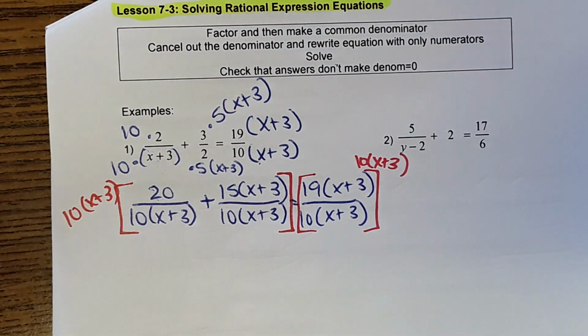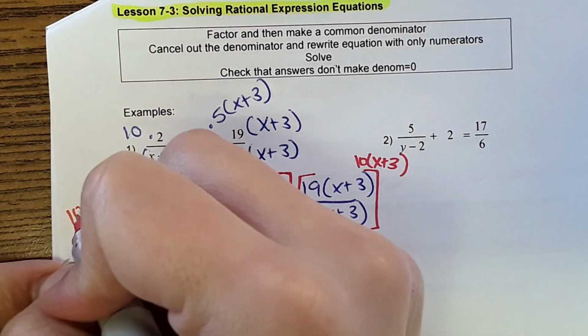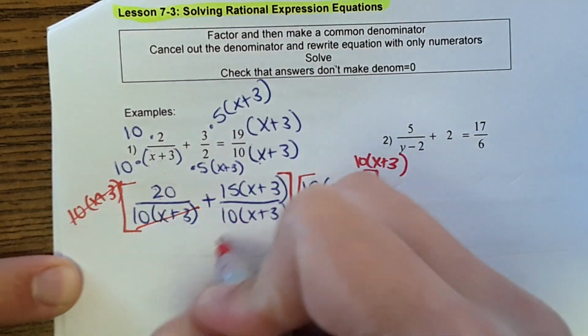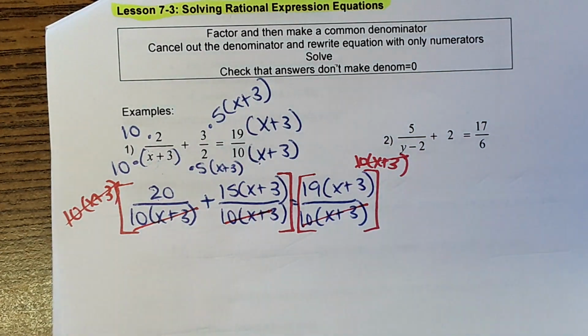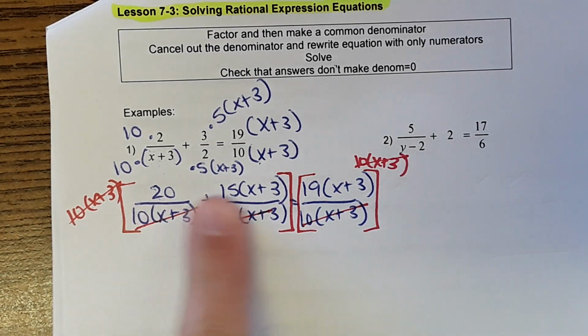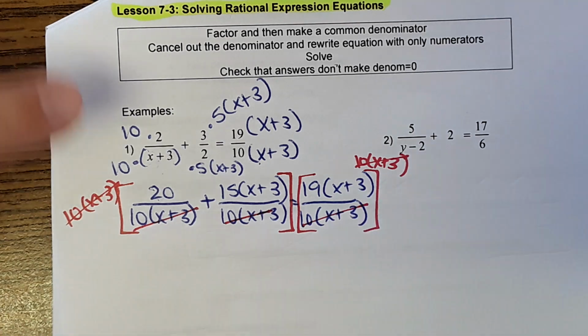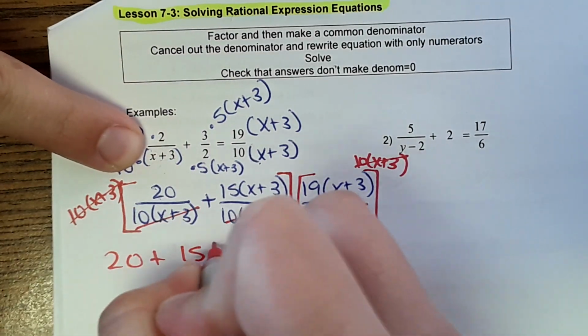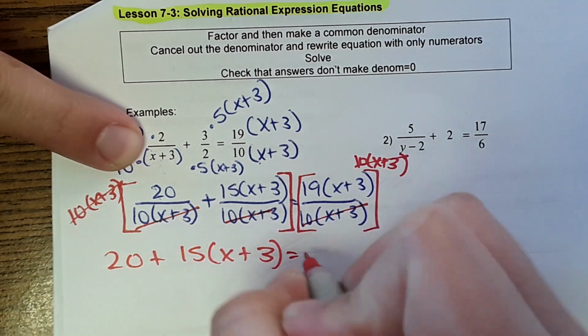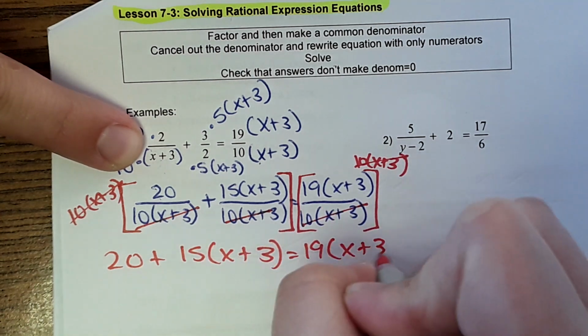And then what happens is all the denominators just cancel out. This cancels with this, and this cancels with this. And then we're just working with what's on top, so I'm going to write that all out. 20 plus 15 times x plus 3 equals 19 times x plus 3.